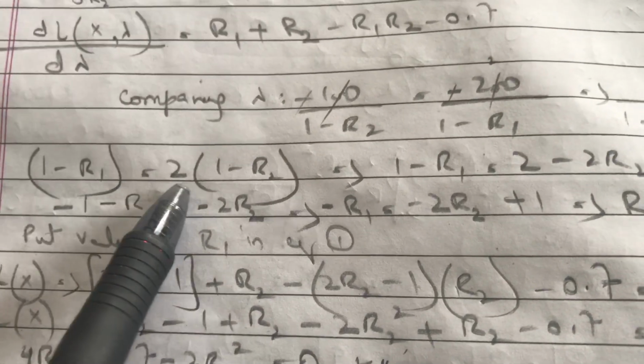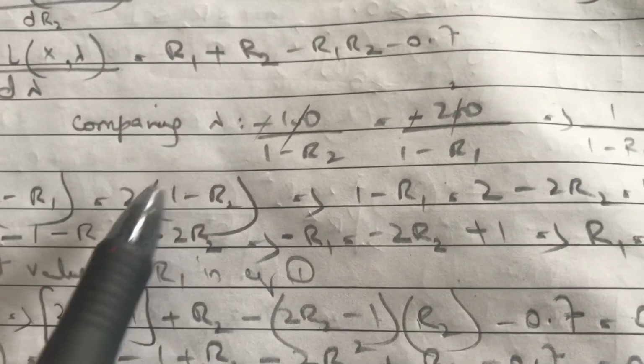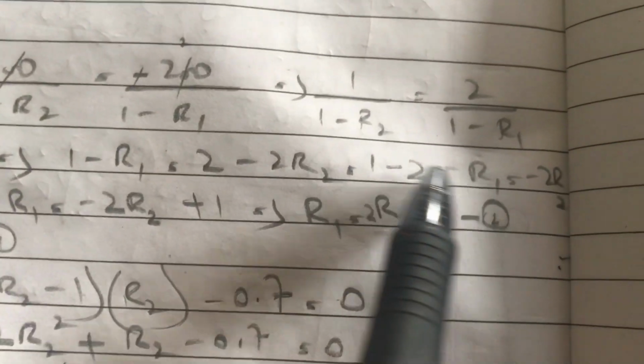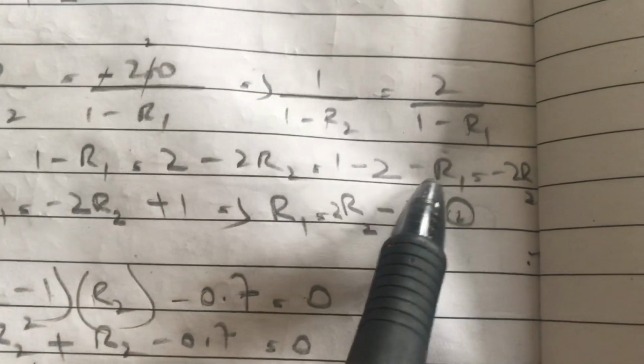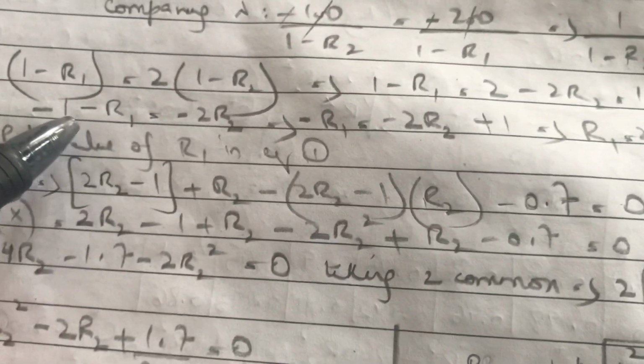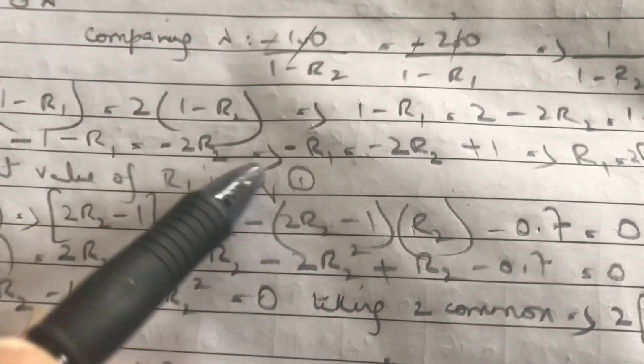So 1 minus r1 equals 2 times 1 minus r2, this comes here, and 2 goes there, it becomes minus 1 minus r1 equals minus 2 r2, and minus r1 here equals minus 2 r2 remains here only.